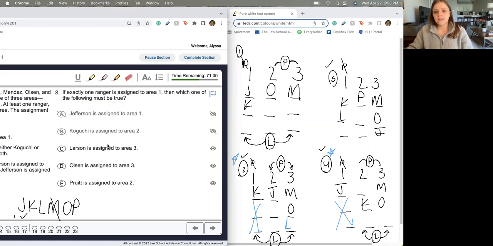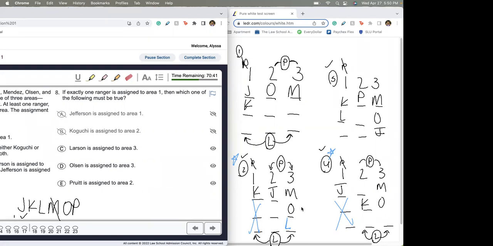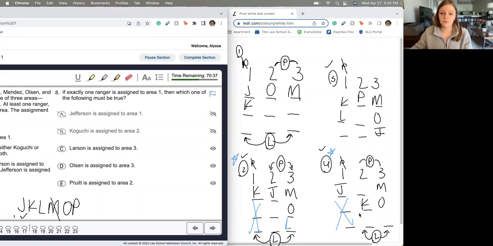So looking at C, we're looking for the must be true. Does it have to be true that L is in 3? No, because L flip-flops. It could flip-flop in that 4th world.